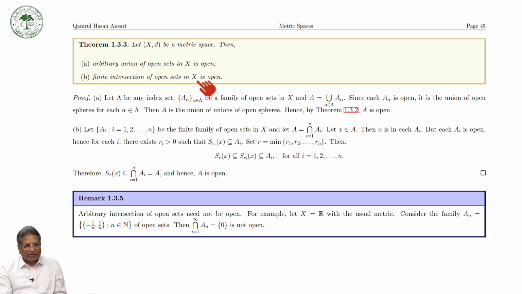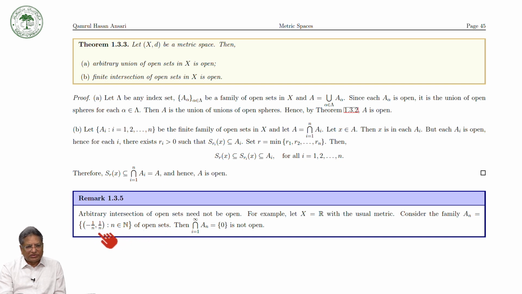But we can see here that we are considering a finite intersection of open sets, which is open, but an arbitrary intersection of open sets need not be open. So here we have the remark: an arbitrary intersection of open sets need not be open. For example, we can consider X as the set of all real numbers with the usual metric, and consider the family A n of open intervals (minus 1 over n, 1 over n). This is a family of open sets in R with the usual metric space.